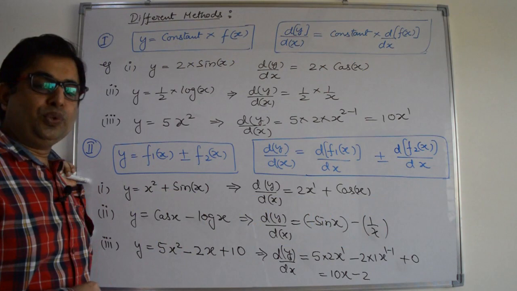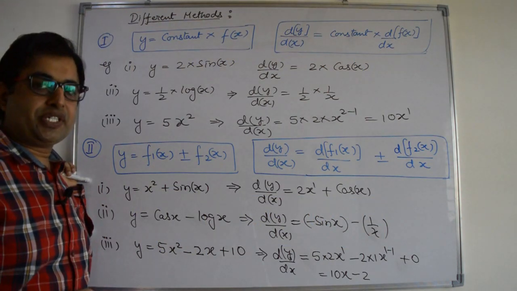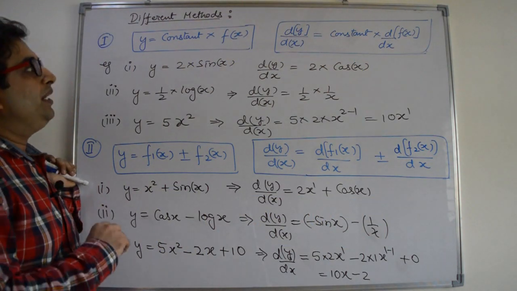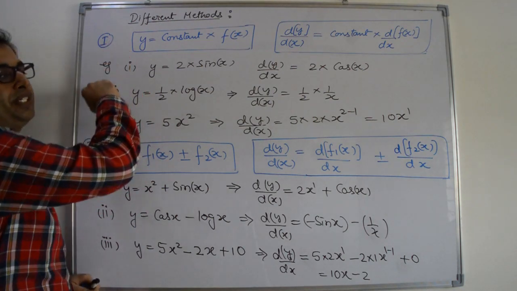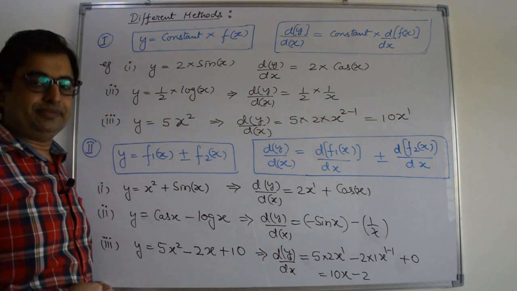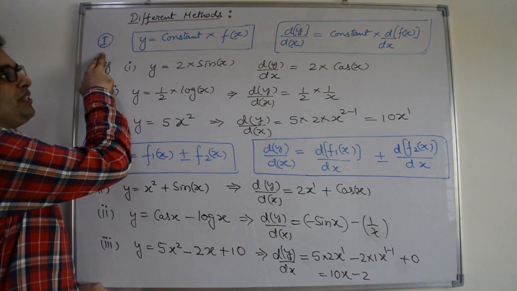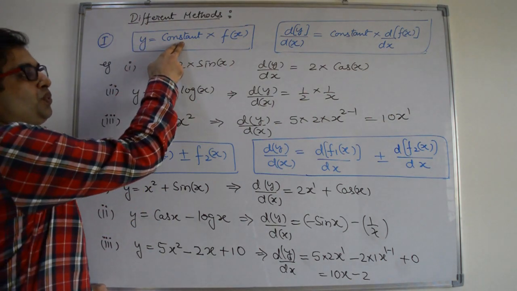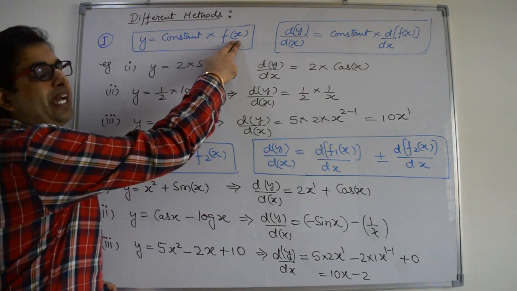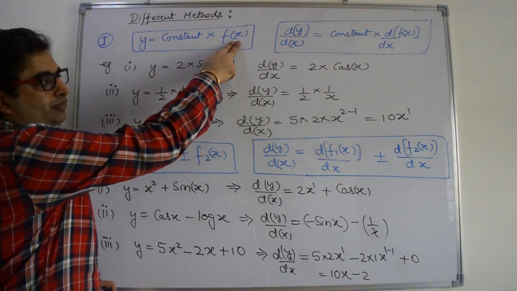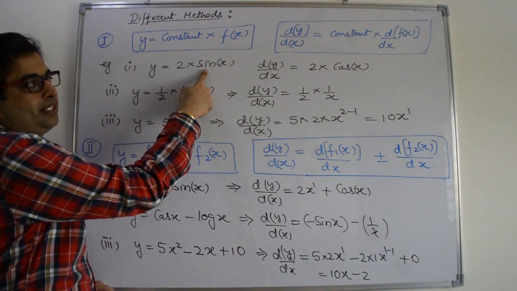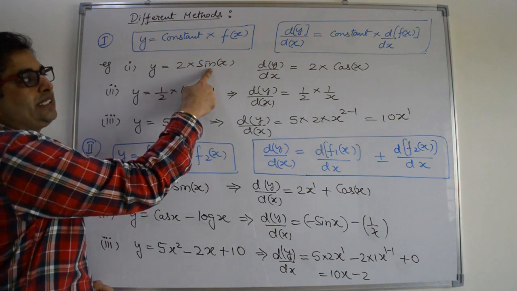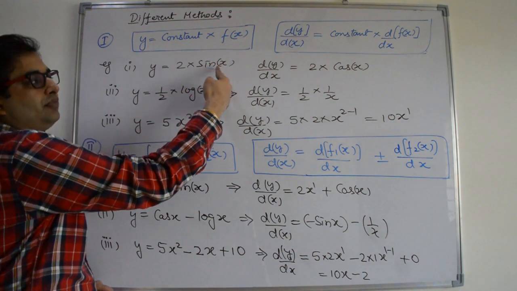Now we already know the formulas of differentiation, 11 formulas. Now we have to see different methods to solve differentiation. First method is when y equal to constant into some x dependent term. It can be sin x. 2 is a constant, sin x is in multiplication.